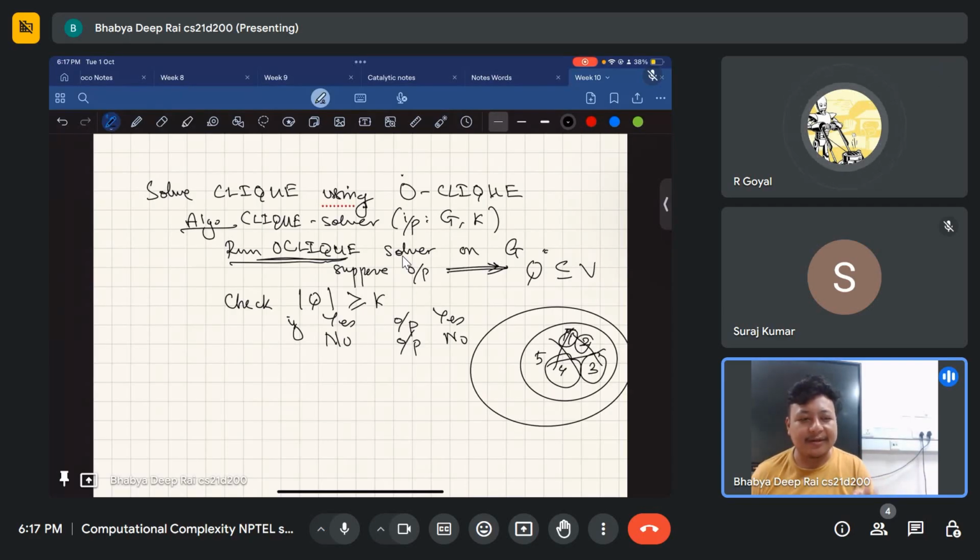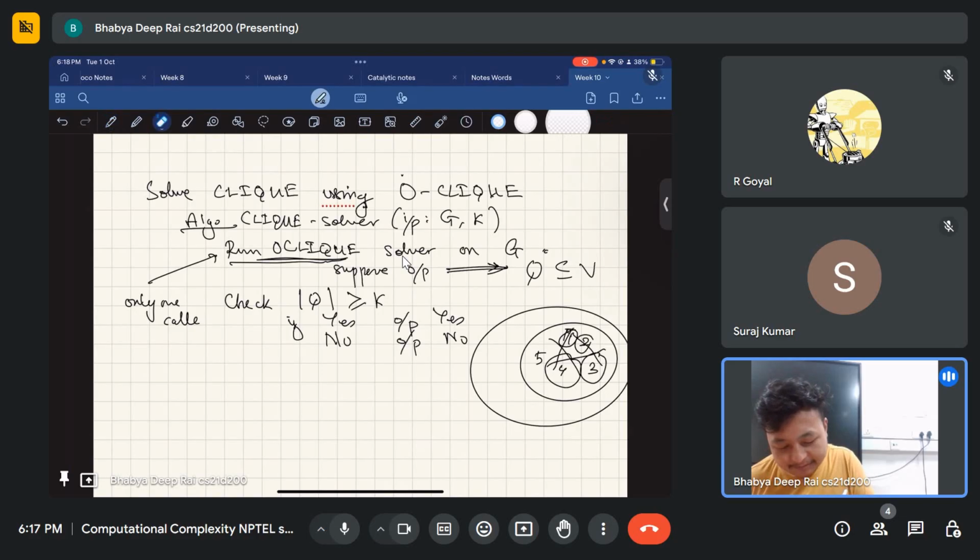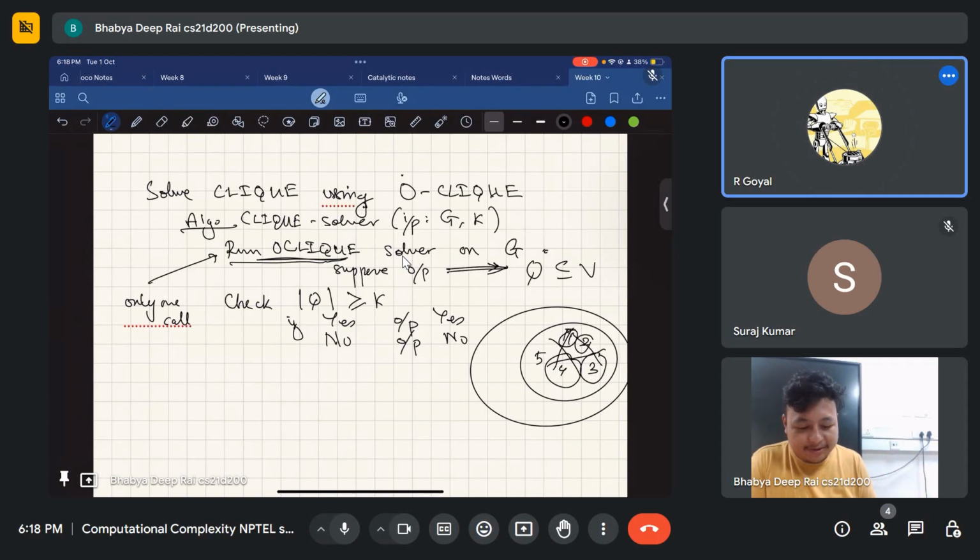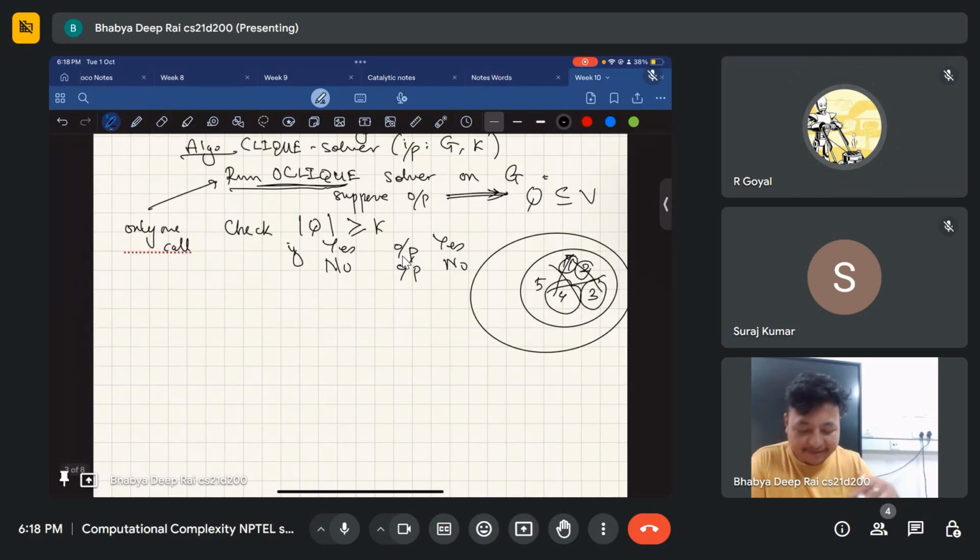So only one call. If O-click is an oracle, then it just requires one oracle query. Or if you don't want to see it as an oracle, see it as a subroutine, that is also fine. If O-click runs in polynomial time, then this entire thing will run in polynomial time.